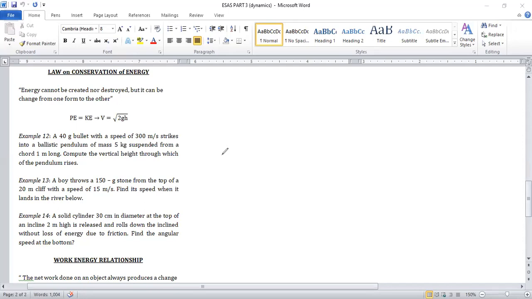So initially we have the bullet with a speed of 300 meters per second.